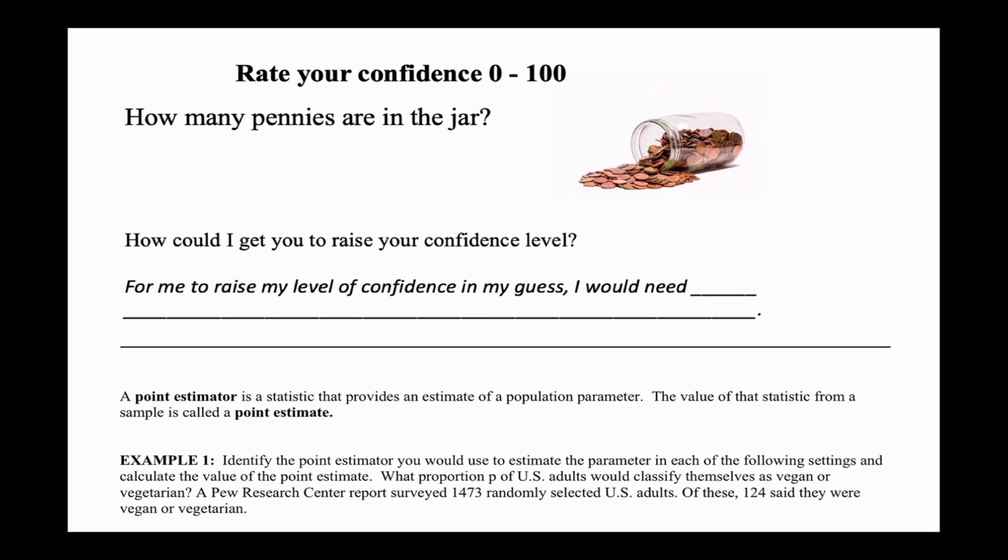Okay? So did your confidence level go up or go down? It went up from your previous answer, right? What if I said, I'm going to make the range 500? So now give me a range of 500. 0 to 500, 100 to 600, 1,000 to 1,500.